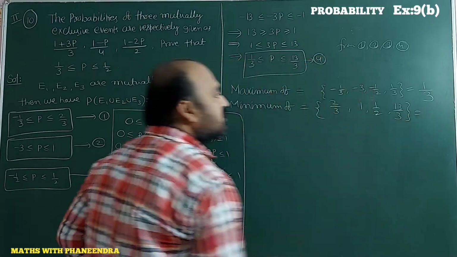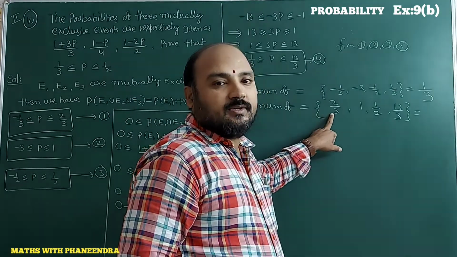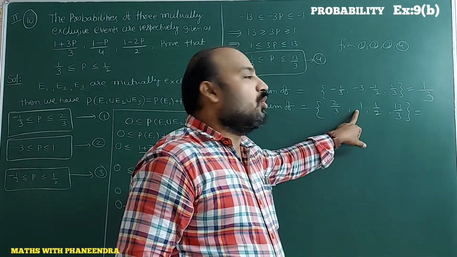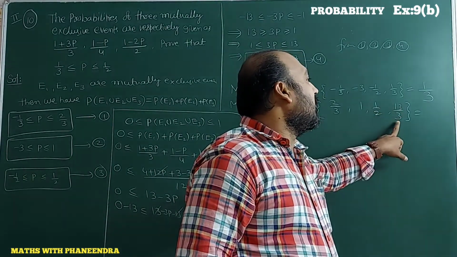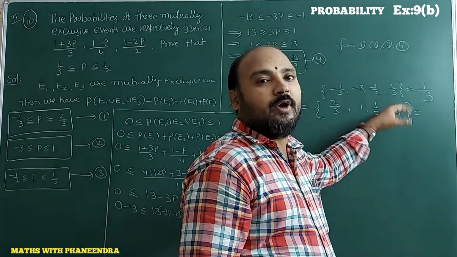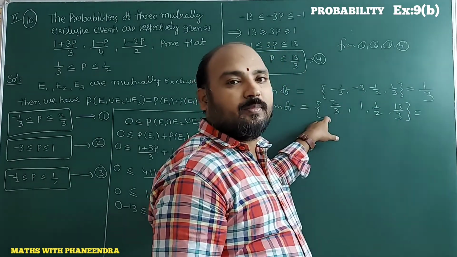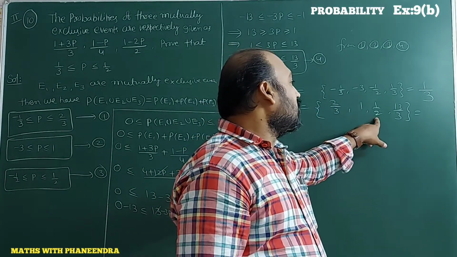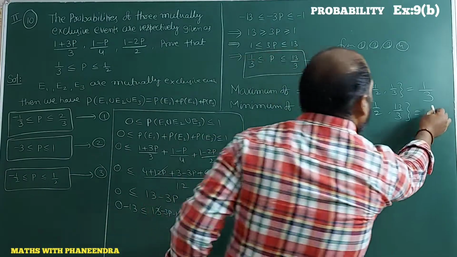Among these, which one is minimum? 2 by 3 is 0.6, 1 by 2 is 0.5, 13 by 3 is 4 point something. So 1 by 2 is 0.5, the minimum of these values is equal to 1 by 2.